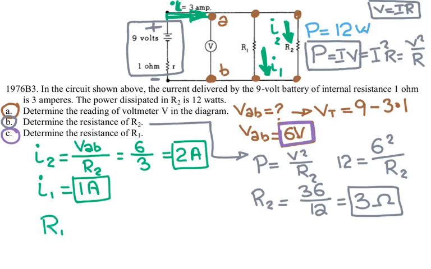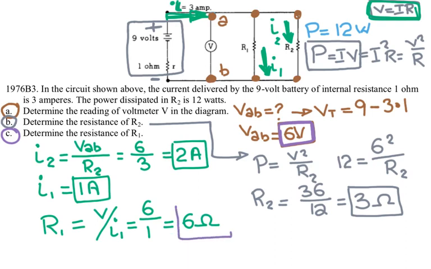Again through Ohm's law, V is equal to IR, so I have V divided by I1. V is 6, I1 is 1. That gives me 6 ohms. So the answer for C is 6 ohms.